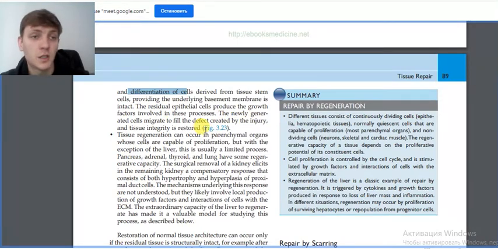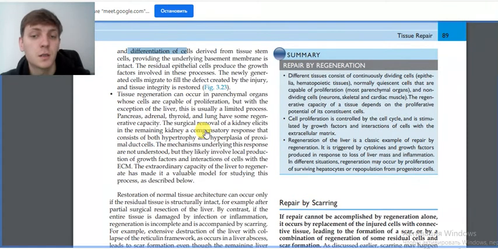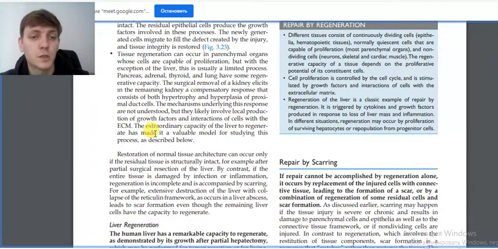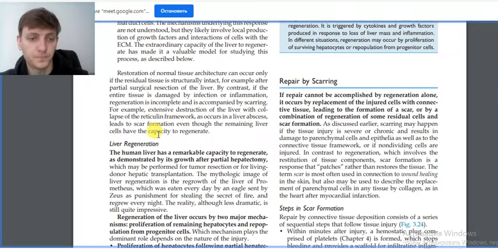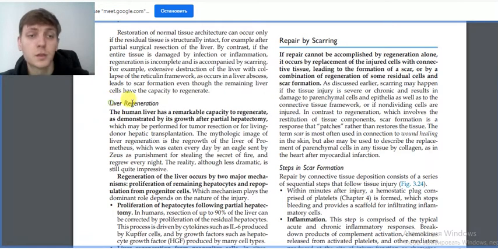That's the main repair. Tissue regeneration can occur in parenchymal organs whose cells are capable of proliferation, with the exception of the liver, where regeneration is a limited process. For example, pancreas, adrenal, thyroid, and lung have some regenerative capacity, so even injury of these cells can cause regeneration.